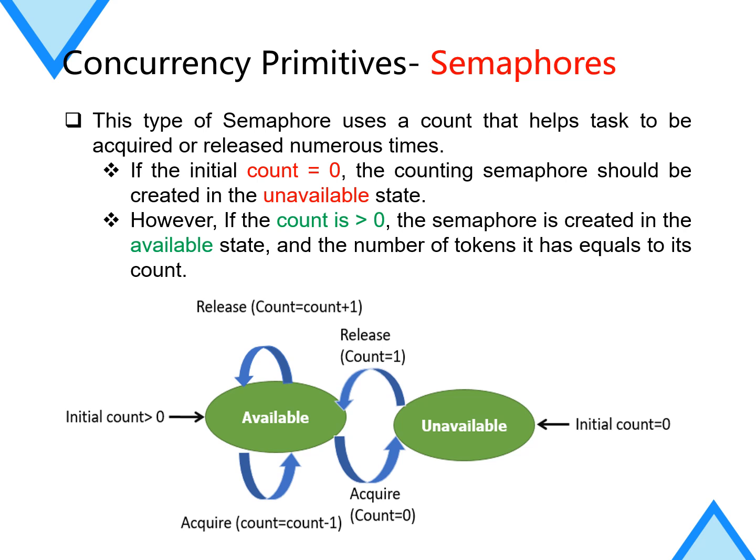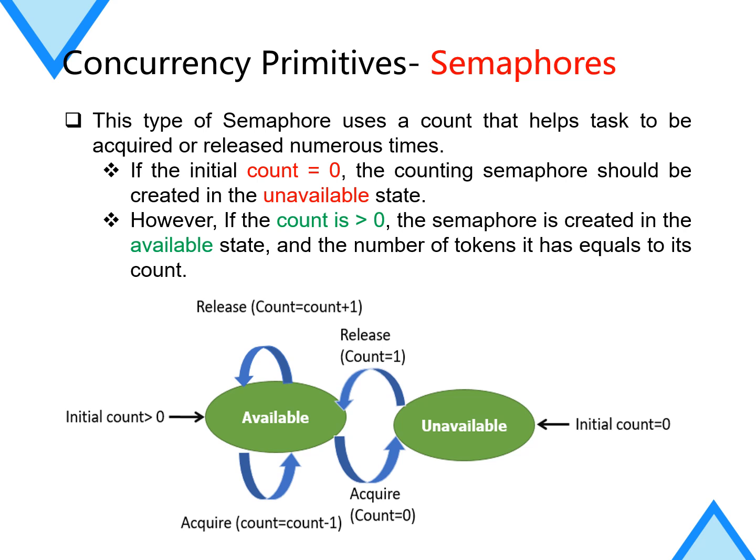And now in the available state, if another thread or process releases the shared resources, we will also increase the count by 1. The old count is 1 and the new count will become 1 plus 1 equals 2. But we will not change the state because it's still within the maximum limit.